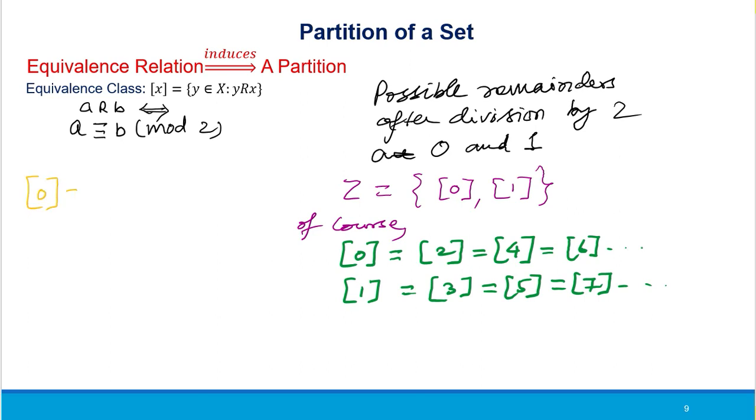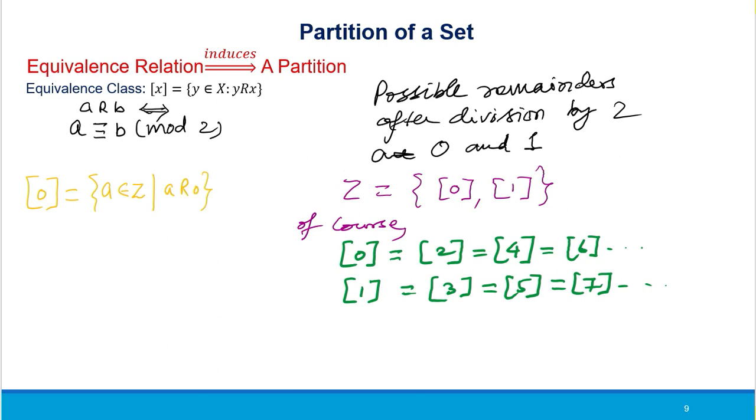This equivalence class 0 is all the elements present in Z such that A is 0 mod 2.